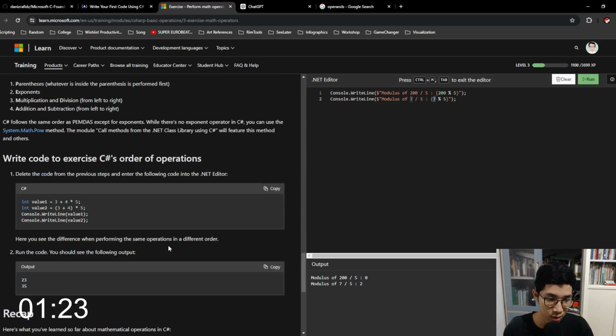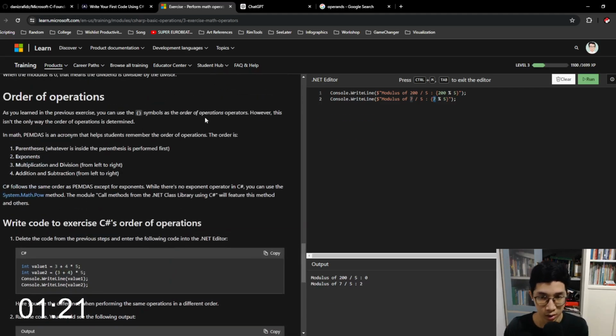Okay, let's check the order of operation. As you learned in the previous exercise, you can use the parenthesis symbol to control the order of operation. However, this isn't the only way the order of operation is determined. In math, PEMDAS, what is PEMDAS? It is an acronym that helps students remember the order of operation. I don't know PEMDAS, but I know the order of math.